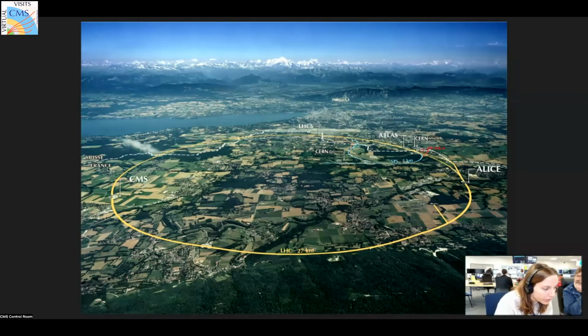In particular, we are here to the far left in the CMS point. CMS is one of the big detectors of the LHC, one of the two that were designed mostly at the beginning for discovering the Higgs boson, which was found in 2012, and now we're doing different kinds of physics.